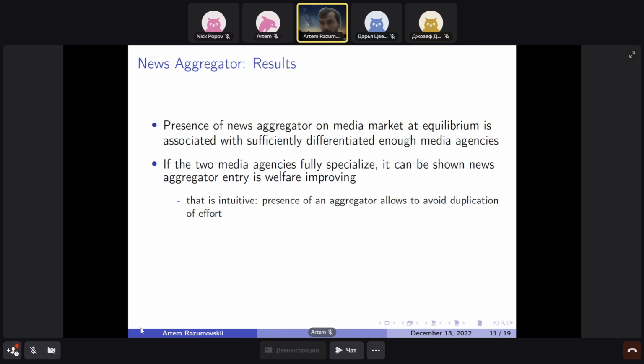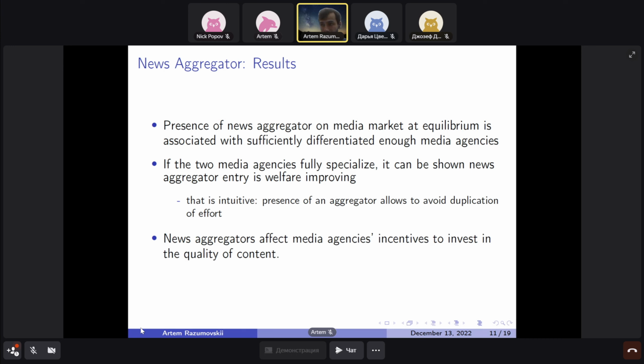So that's intuitive. Secondly, we can avoid the duplication of effort. That's because if you don't want to have the aggregator on the market, then you provide news for the same topics with high quality, which means double costs.